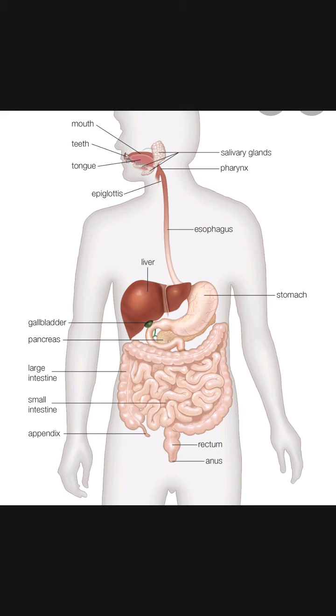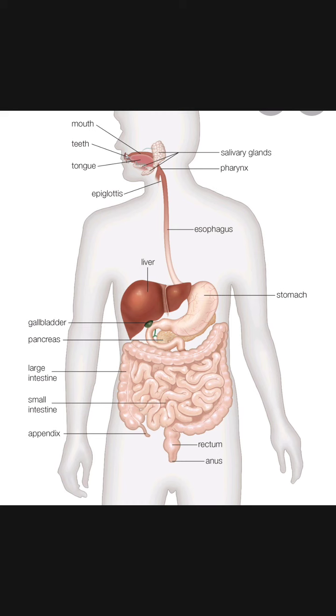So what are the roles of these secretions? Hydrochloric acid, you already know it is an acid, so it creates an acidic medium for the action of the enzyme pepsin. And you also know that acid is corrosive in nature.